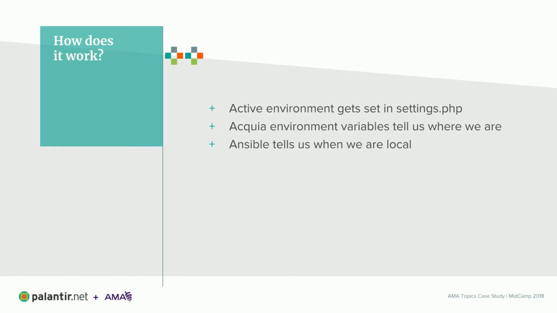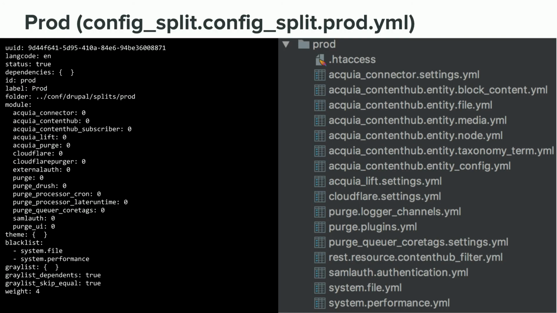This has given us a really nice user experience when we pull down the database from the live site and run our build scripts and do a config import. It should say nothing needs to be imported, or run a config export, there should be no prod config getting put into our base configuration that we're not aware of and not controlling for.